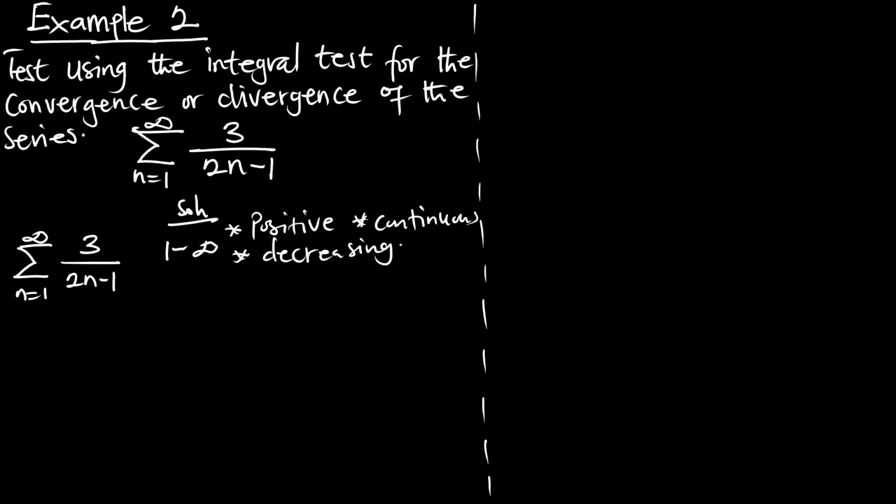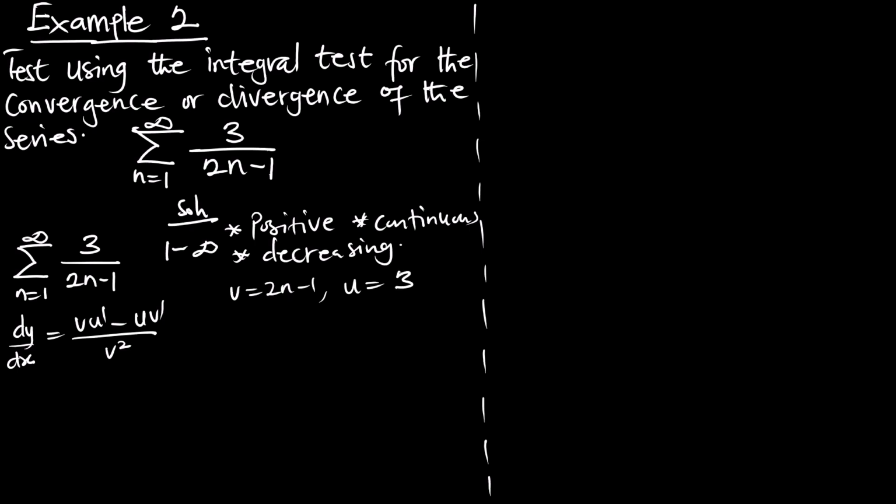So first I will find the first derivative. Are we okay? So now with the quotient rule, dy on dx is u prime v minus u v prime on v square. From this, our v is going to be 2n minus 1 and our u is going to be 3.